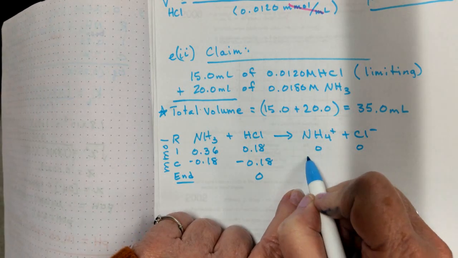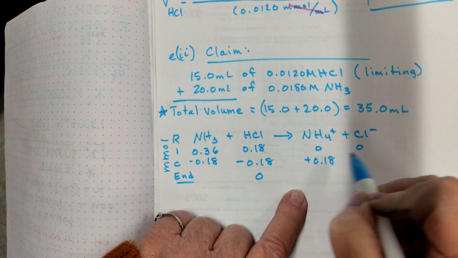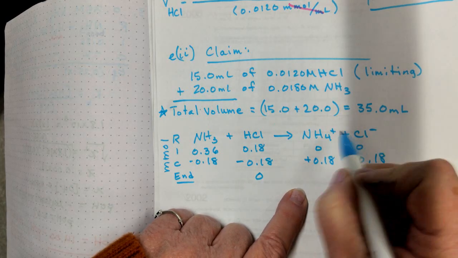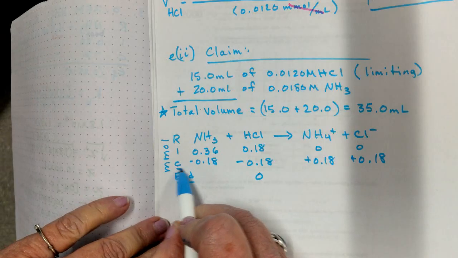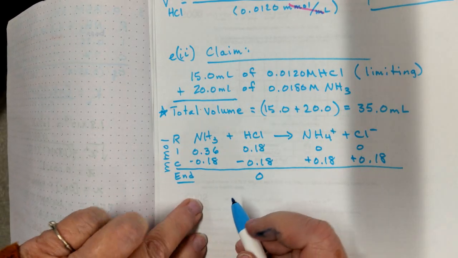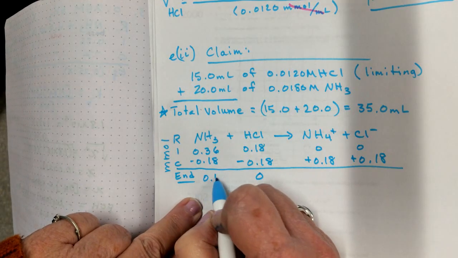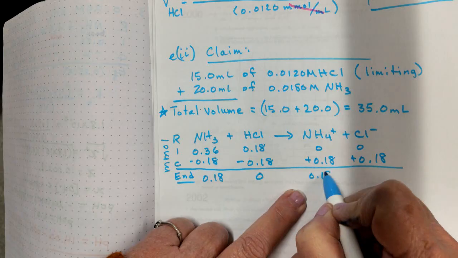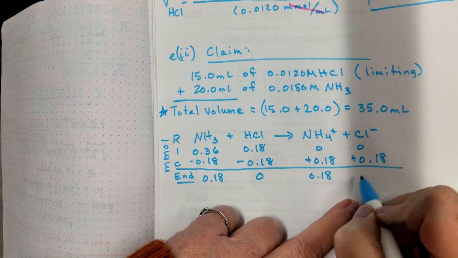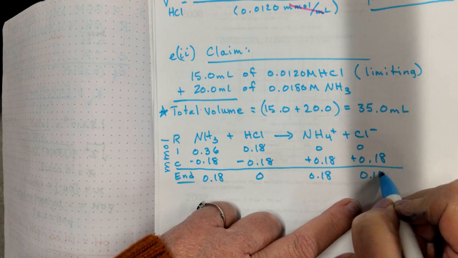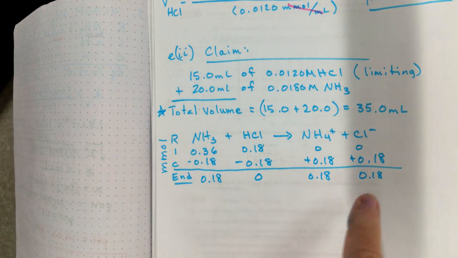This produces that same number. And this is a spectator, but if you want to add it, fine. But we don't care about that. Chloride is too weak to change the pH. We're left with half of the ammonia. And here we've made that amount of the conjugate acid, and we really don't care about this, but just know we're not going to do anything with that number.